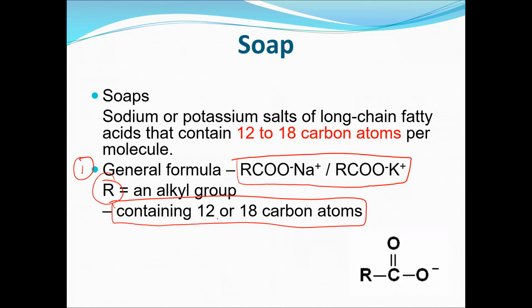So that R could be that. CH3 CH2 14 could be your R because it has 12 to 18 carbon atoms. So that is an example of what your R can be.